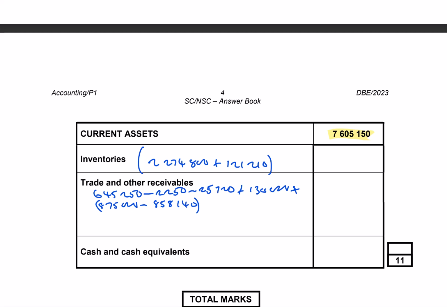So at the end of the day, it becomes a tax asset, a SARS income tax asset. So if you pay less than the actual taxation, it's a liability. So that will give us 645.